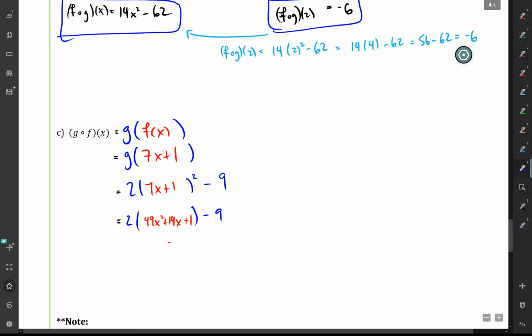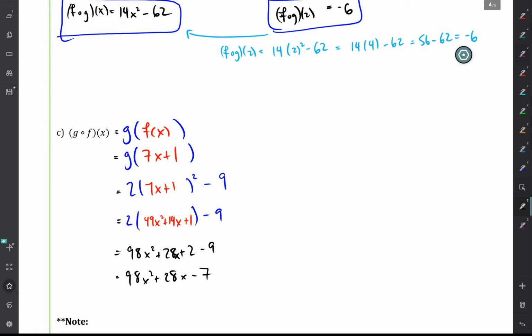Now I'm going to distribute the 2. So this becomes 98x squared plus 28x plus 2, minus 9. And so that becomes 98x squared plus 28x minus 7.